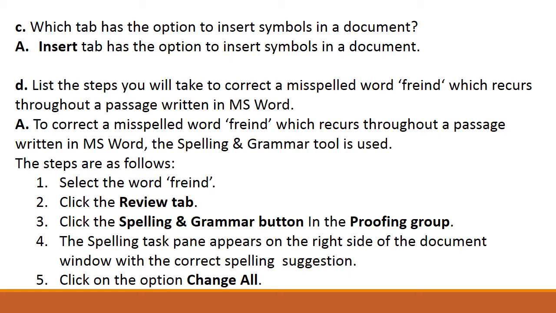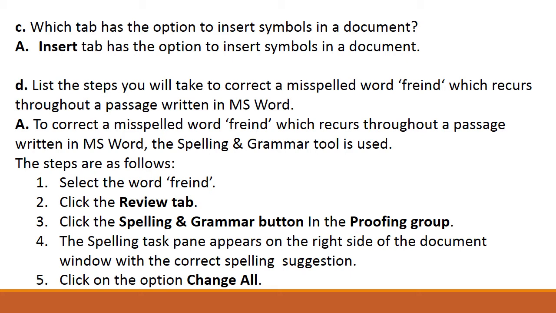Next is D part. List the steps you will take to correct a misspelled word friend which recurs throughout a passage written in MS Word. To correct a misspelled word friend which recurs throughout a passage written in MS Word, the spelling and grammar tool is used.